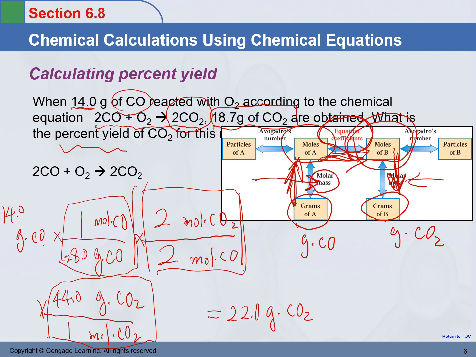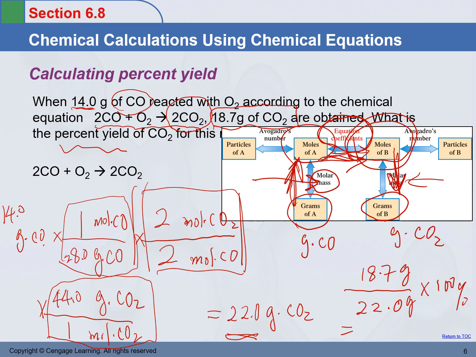So percent yield is the actual yield, which is 18.7 grams given in the original question, divided by the theoretical yield, which is what we just calculated, 22.0 grams. Convert it to a percentage, which is going to be 18.7 divided by 22.